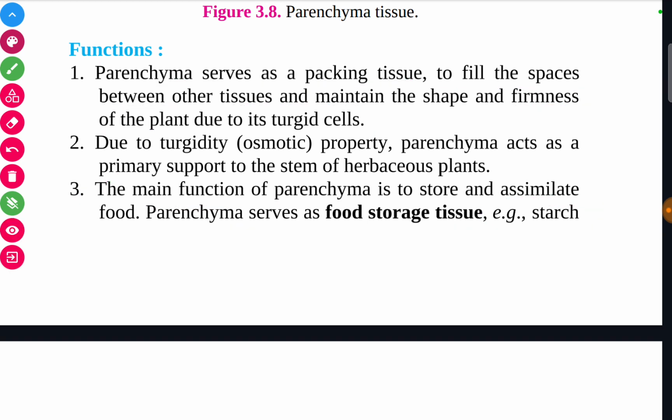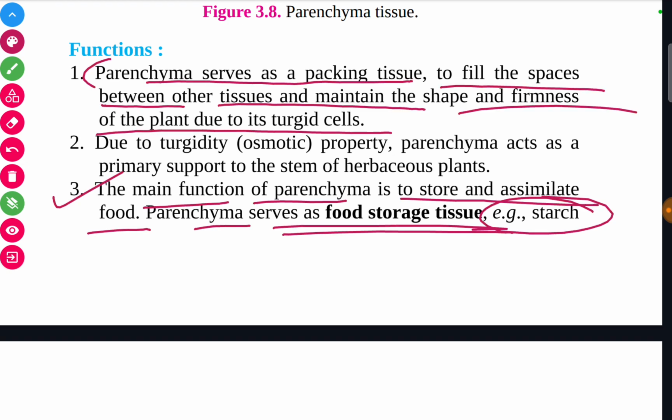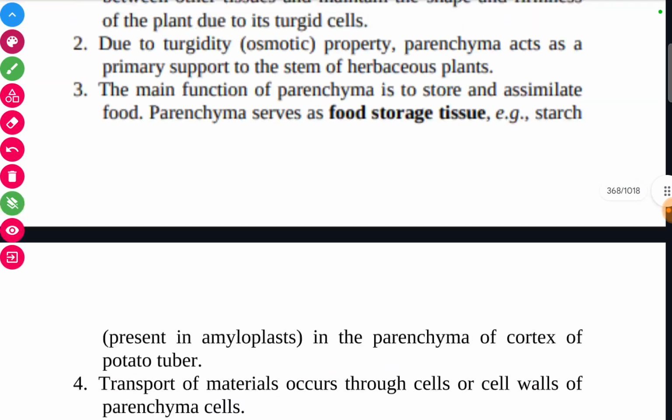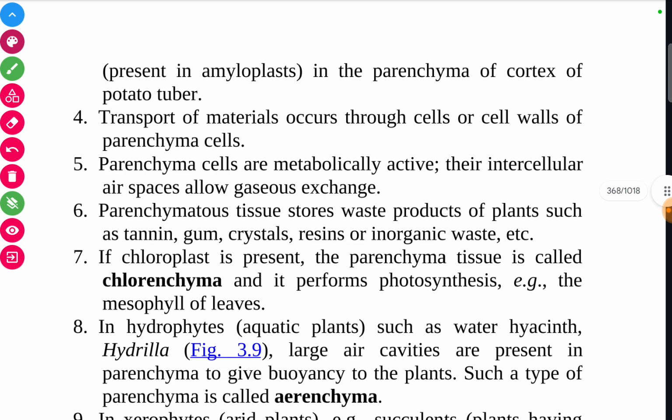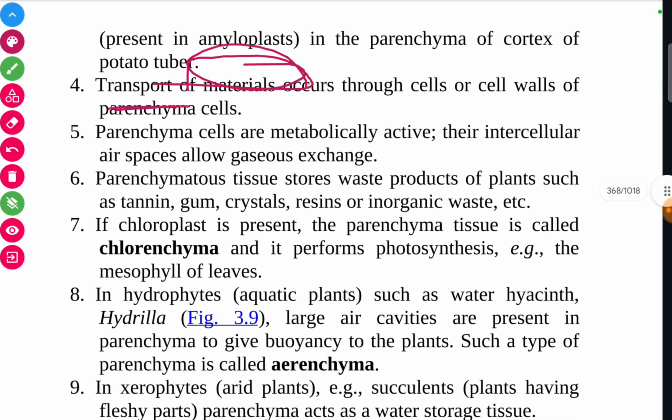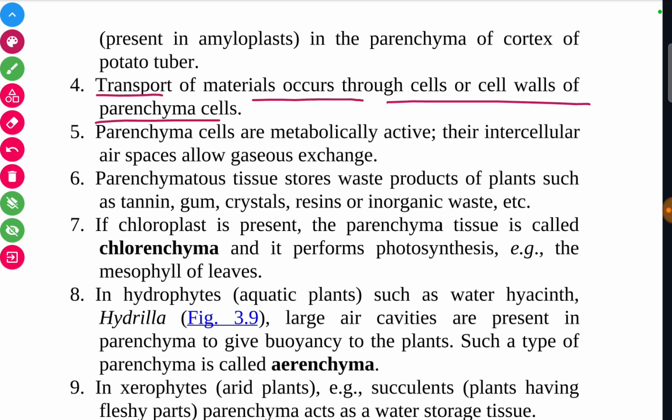I've already told you that food is stored in potato in the form of starch, present in the amyloplast in the parenchyma of the cortex of the potato tuber. What is an amyloplast? Amyloplast is a kind of plastid. In the division of leucoplasts, we find the amyloplast, which helps in the storage of starch.